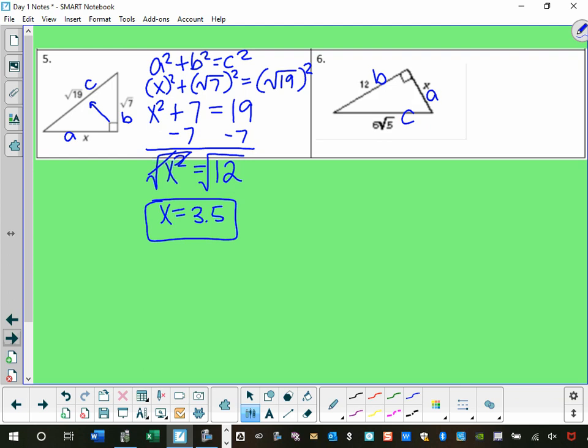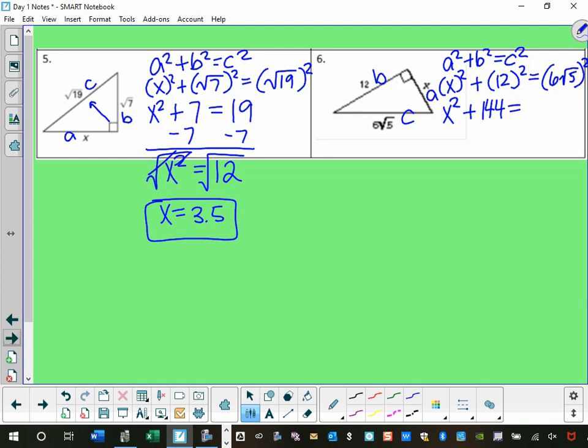Okay, this one's also a little tricky. So I had x squared plus 12 squared is going to be equal to 6 root 5, parentheses, squared. So if I solve this, x squared is just x squared. 12 squared is 144.